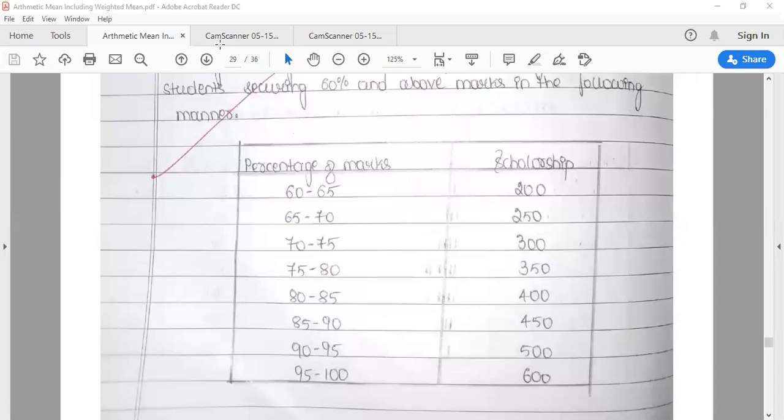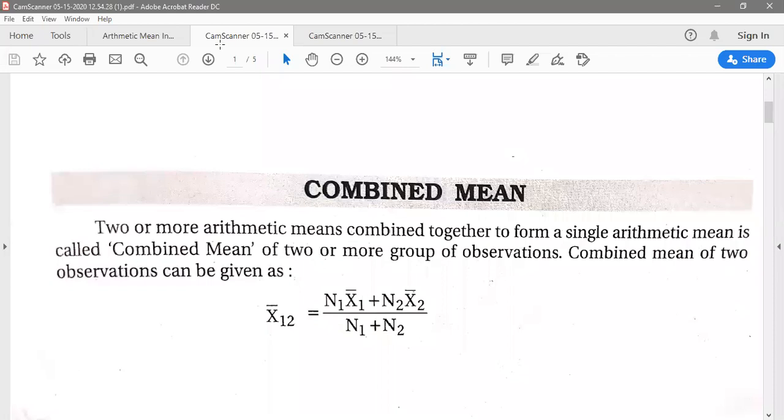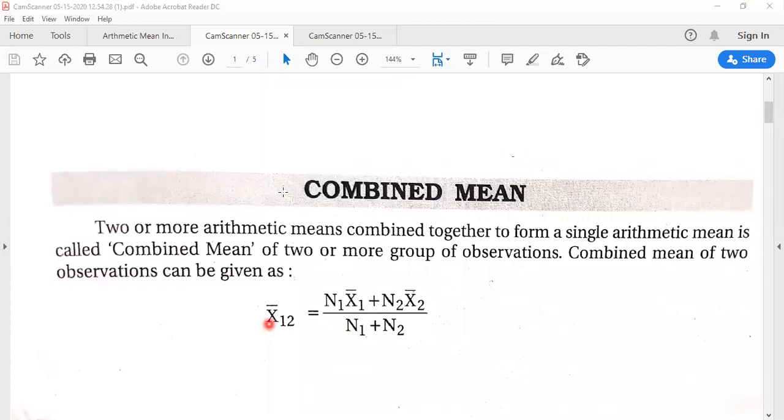Okay, now let's go to the next concept, that is your combined mean. We have already seen the formula. If you have two or more arithmetic means given in the problem, and you have to combine them together and find the arithmetic mean, then you use the combined mean formula.